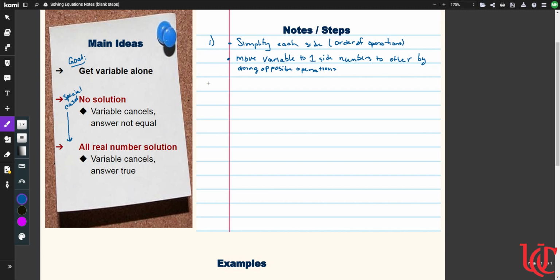So another way that we could do this, I'm going to put it as option 2, is we can move things away from the variable, to the other side, by doing opposite operations.